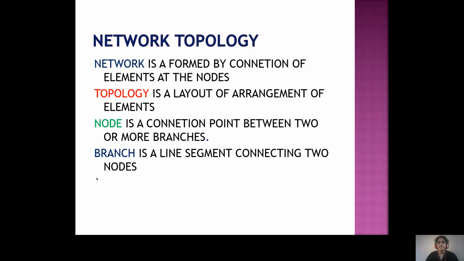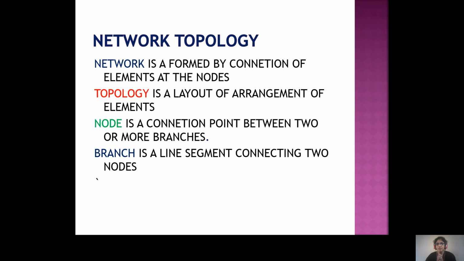A node is a connection point between two or more branches. So a node means two or more points meet at one point. And what is a branch? A branch means a line segment joined between two connecting nodes. So a connection of total elements at the nodes is nothing but the network.